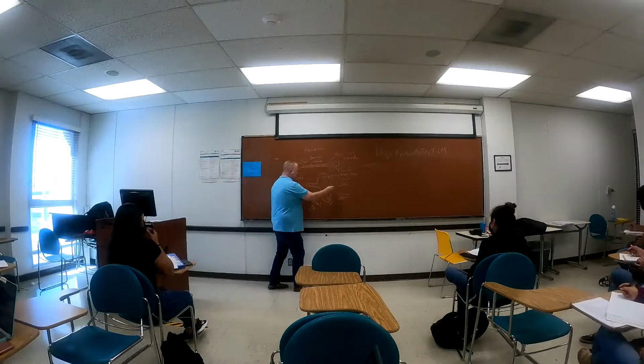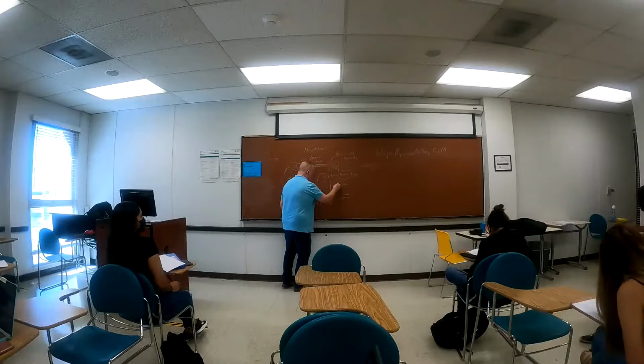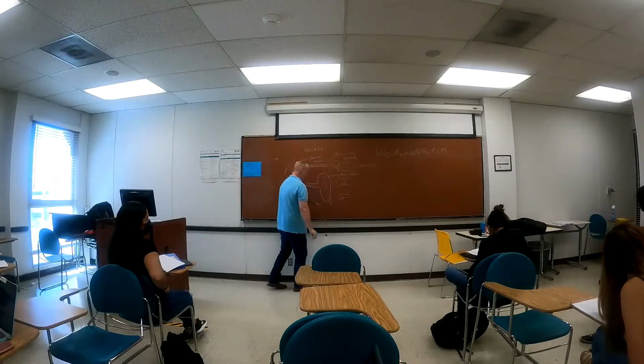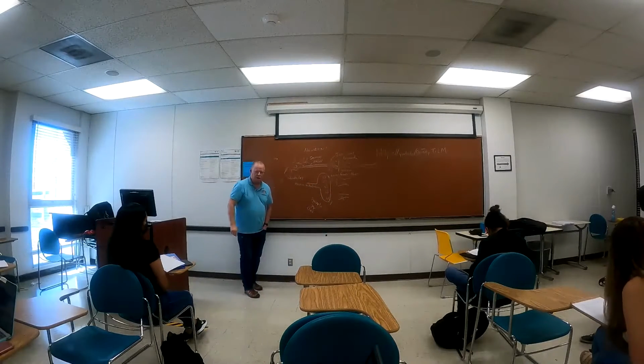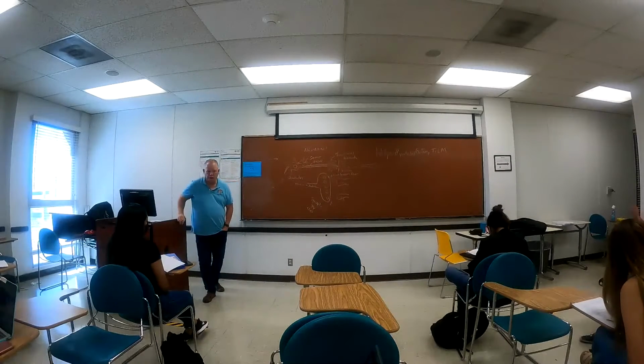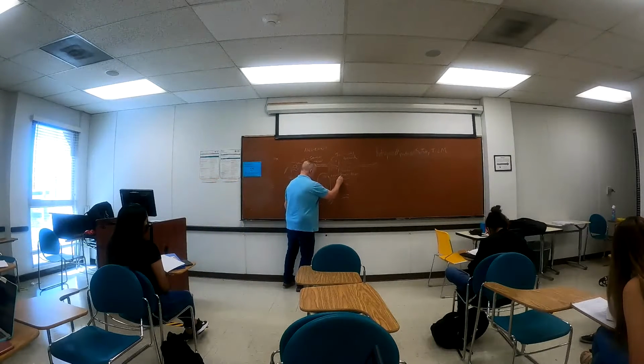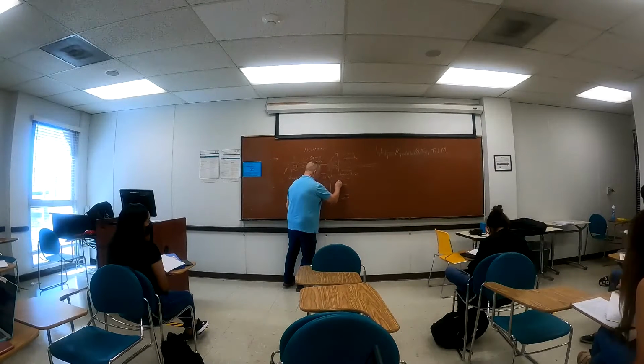Now, on the receiving side, they have receptors on the dendrites. Those receptors are specific to the neurotransmitter. So this one is a neural receptor for serotonin. However, this one is for dopamine.